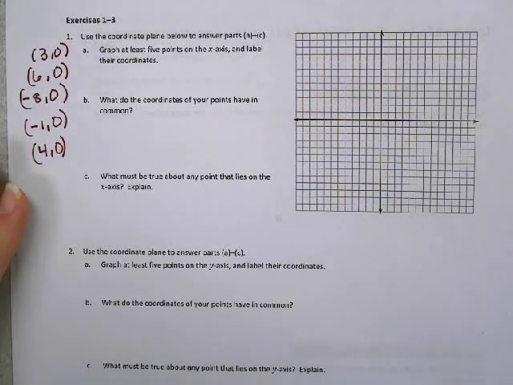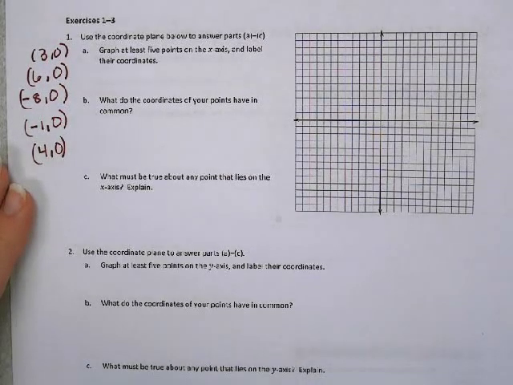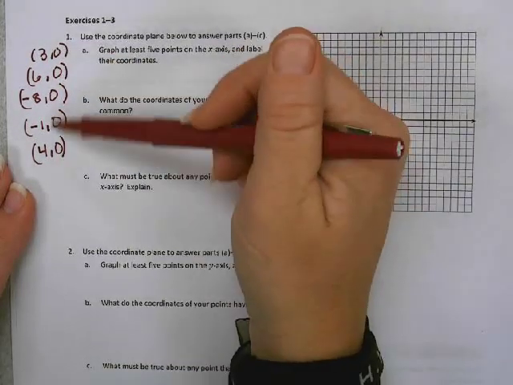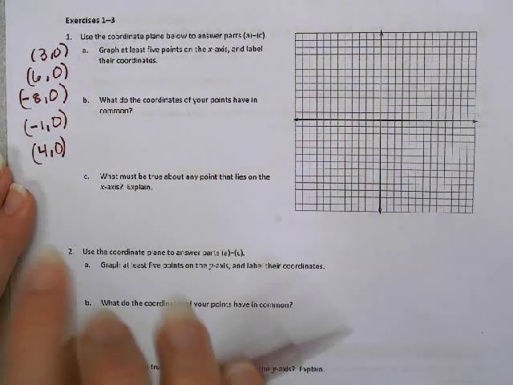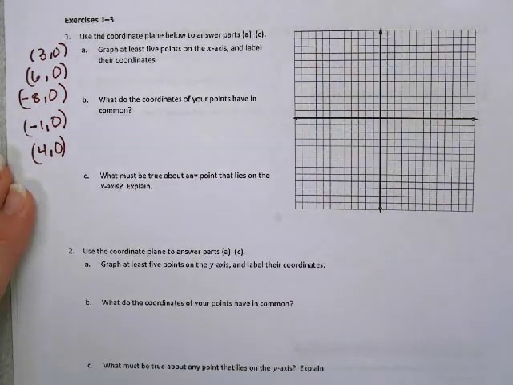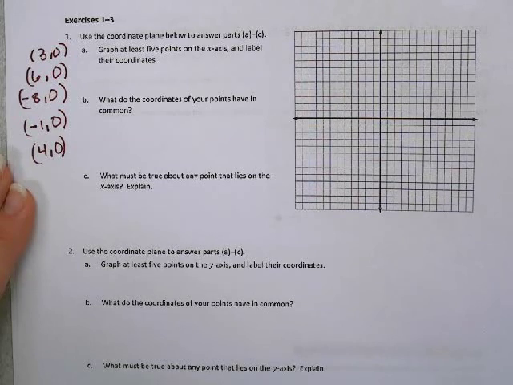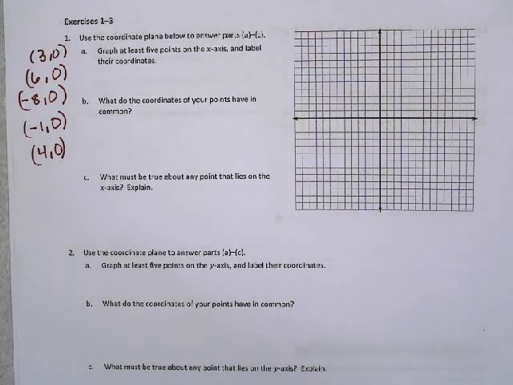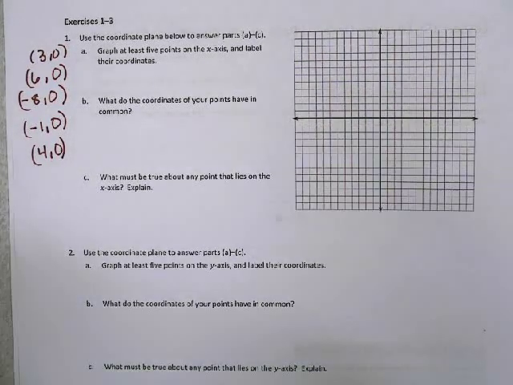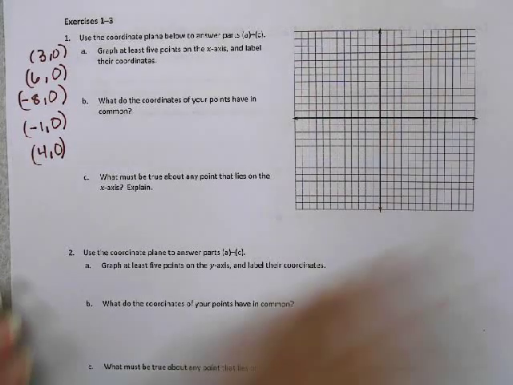So on the next page, you see exercises 1 through 3. And I've written some points over here to the left that we're going to graph. Exercise 1 says use the coordinate plane below to answer A through C. And A says graph at least 5 points on the x-axis and label their coordinates. So that means we're not labeling them in a quadrant necessarily.